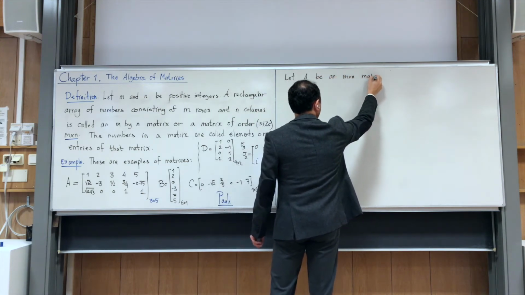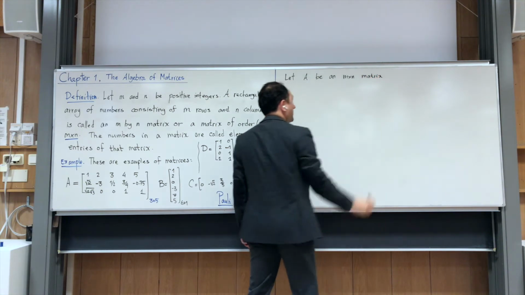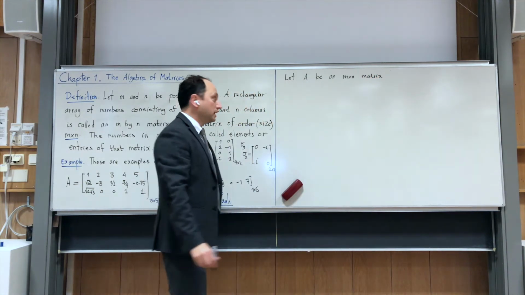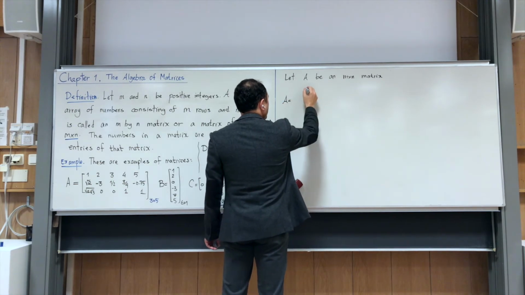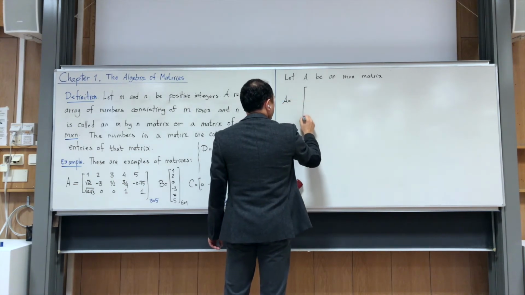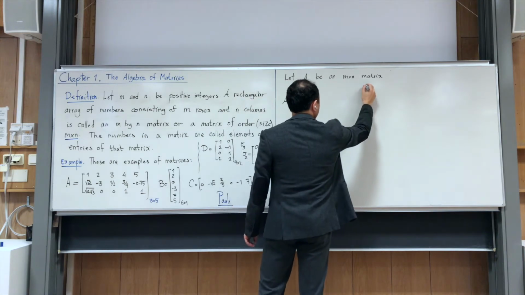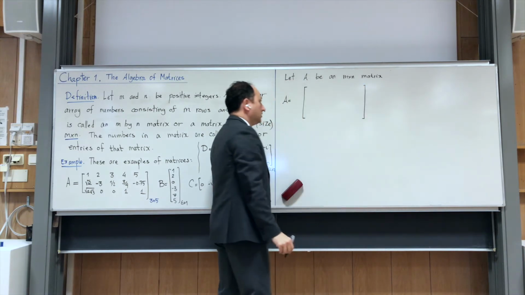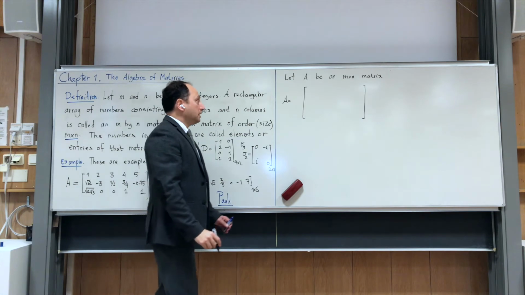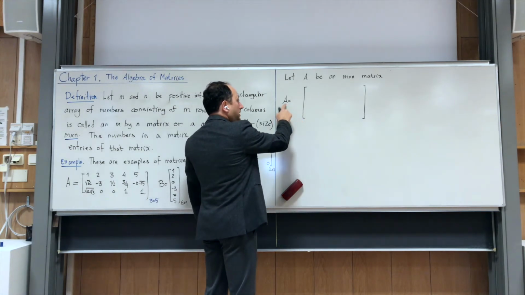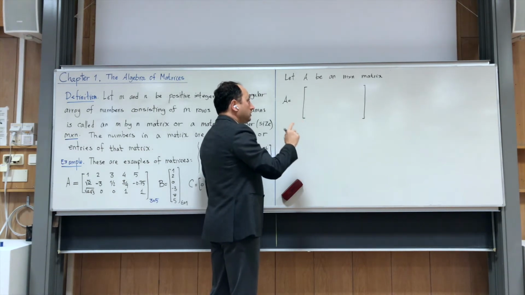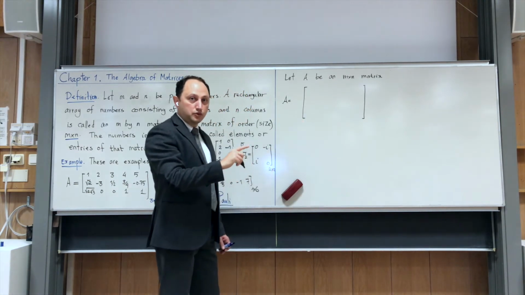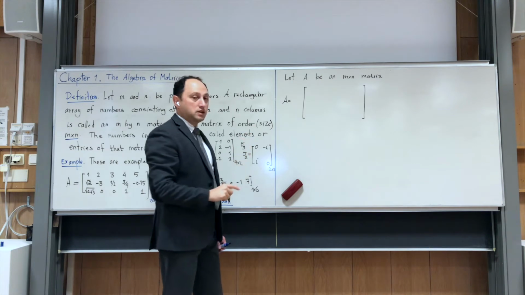So this means that this matrix includes m rows and n columns. I would write it something like this. What you expect is a rectangular array consisting of m rows and n columns. This is the convention that if I denote the matrix by capital letter A, then I will choose lowercase letter a to denote, in general, the entries of that matrix.